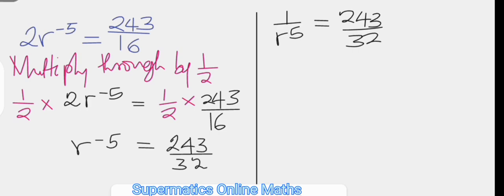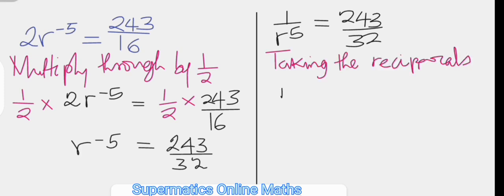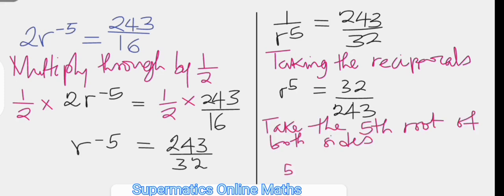Then we take the reciprocal of both sides. When we take the reciprocals, we have r to the 5th power equals 32 over 243, after which we take the 5th root of both sides.